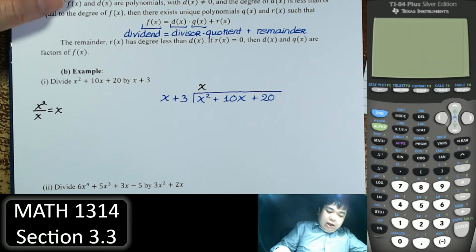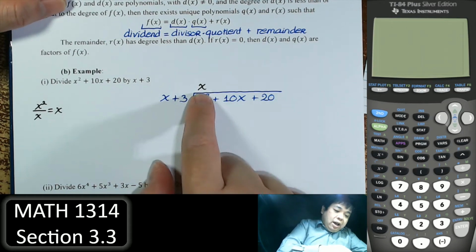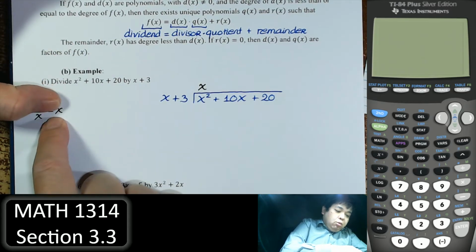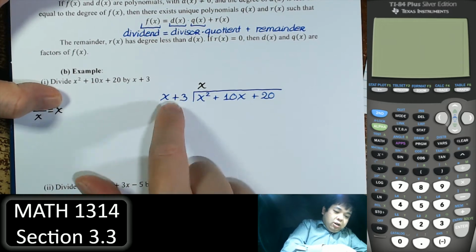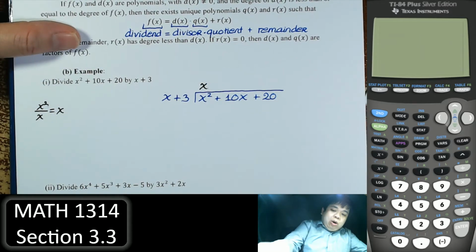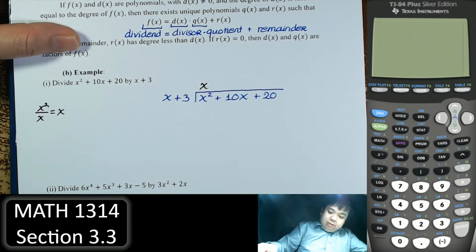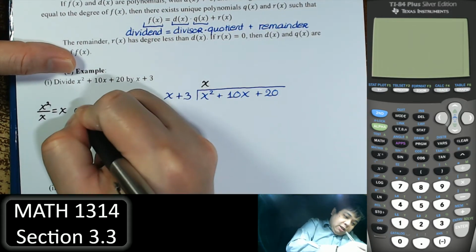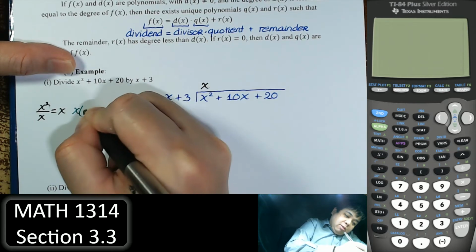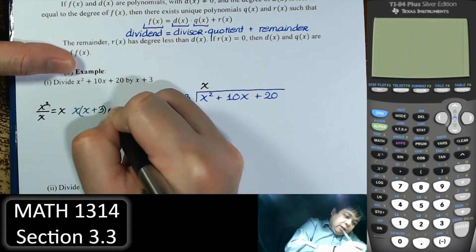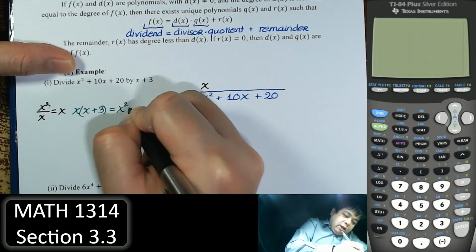Right. And now we take that x and multiply it by the divisor, just like when we had a 2, we multiplied that with the divisor. So we have x times x plus 3. That gives us x squared plus 3x.